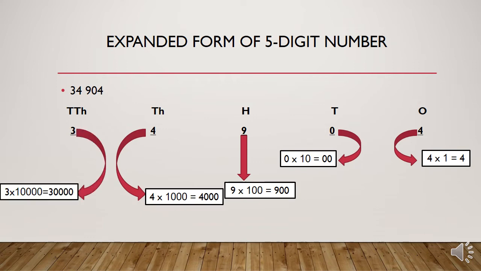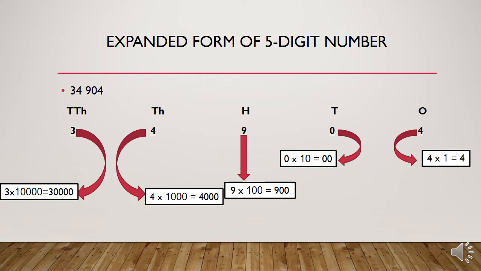And lastly, 3 lies in the 10,000s column, so 3 is multiplied by 10,000. It gives 30,000.